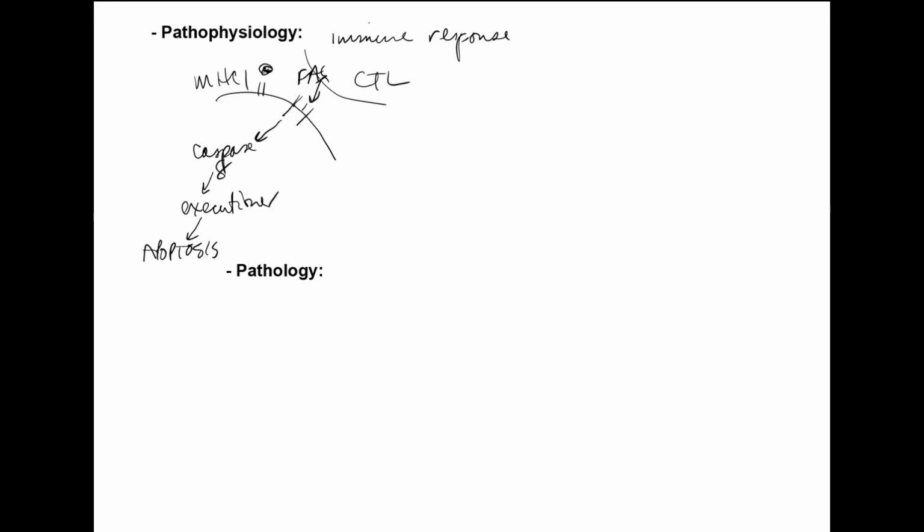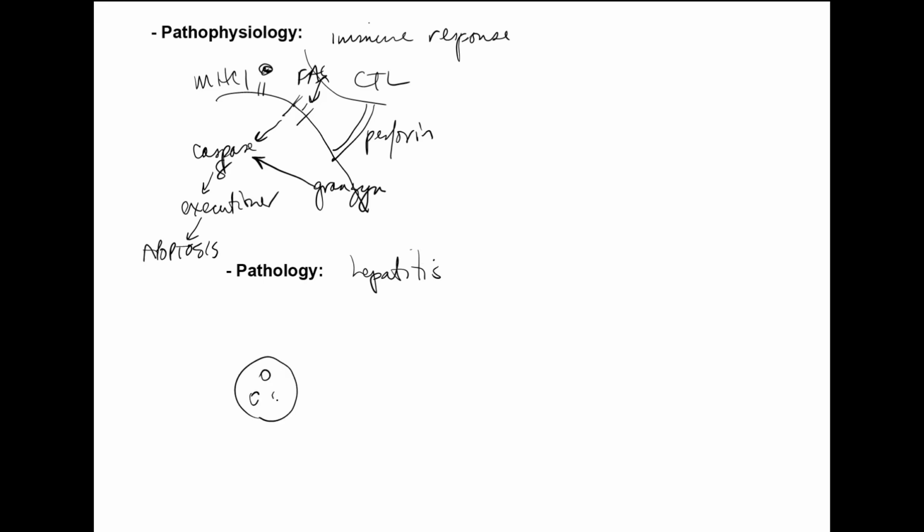The other mechanism is using the protein perforin to inject granzyme. Granzyme activates caspase 8 and again goes down the cascade to apoptosis. The pathology is one of hepatitis, and for most forms of hepatitis, this is periportal.